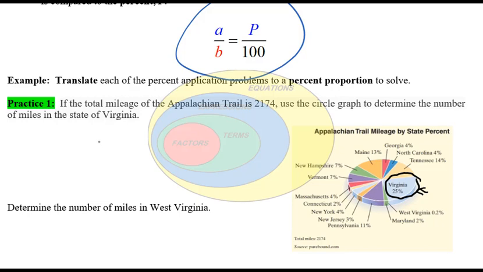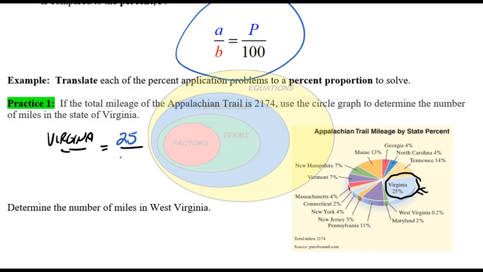So when we set up our proportion, we're looking for the number of miles in the state of Virginia. So this would be the actual miles in Virginia. And the percent that's given is 25.